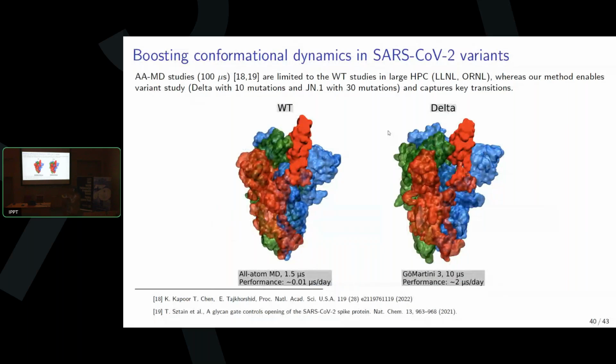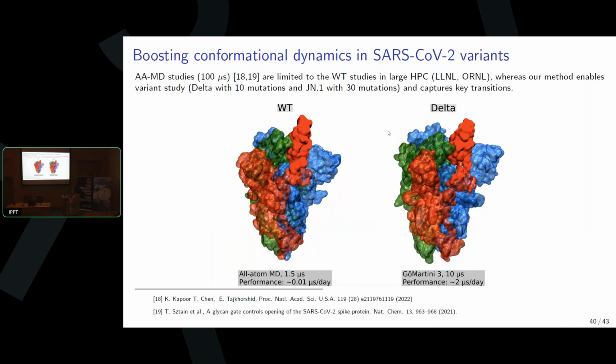So basically I have shown this model described with GōMartini. We have better efficiency to sample the conformational states of the Delta variant, and of course our work continues because we want to integrate also the anchoring part on the membrane.